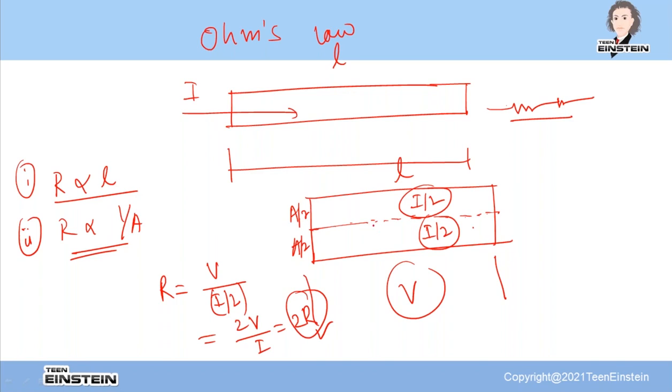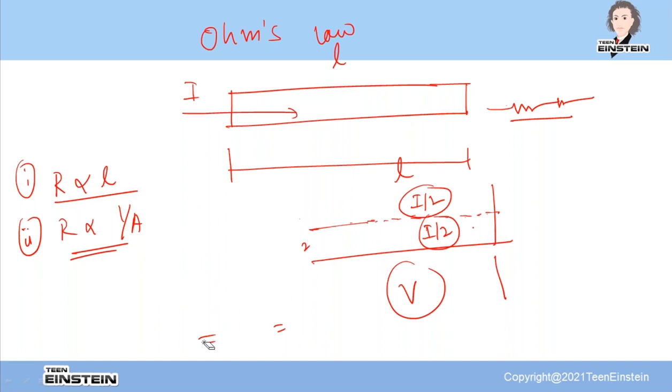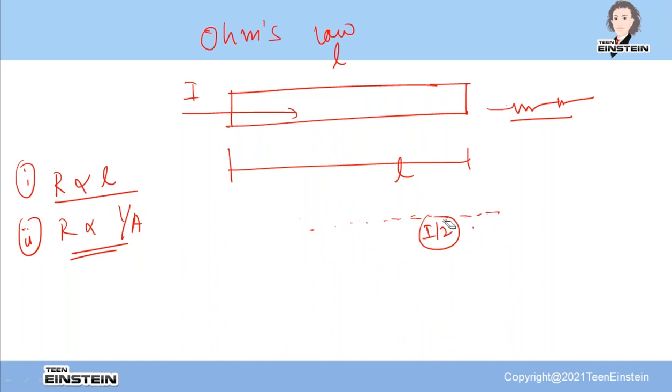If we put together all these proportionalities, what we will get is L by A, or in terms of an equation, rho L by A. What is this rho?